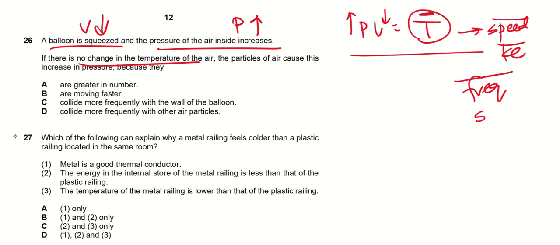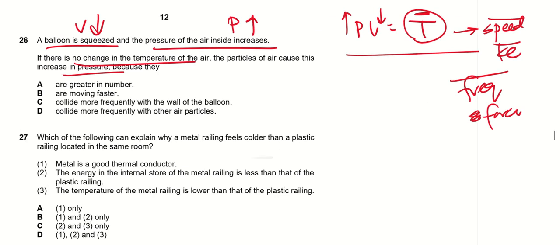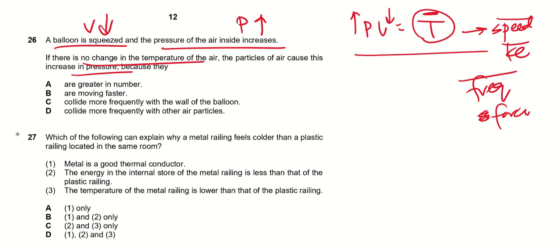The speed and the force of collision are also the same. But why do they experience an increase in pressure? Because they collide more frequently with the walls of the balloon. So the answer is C.